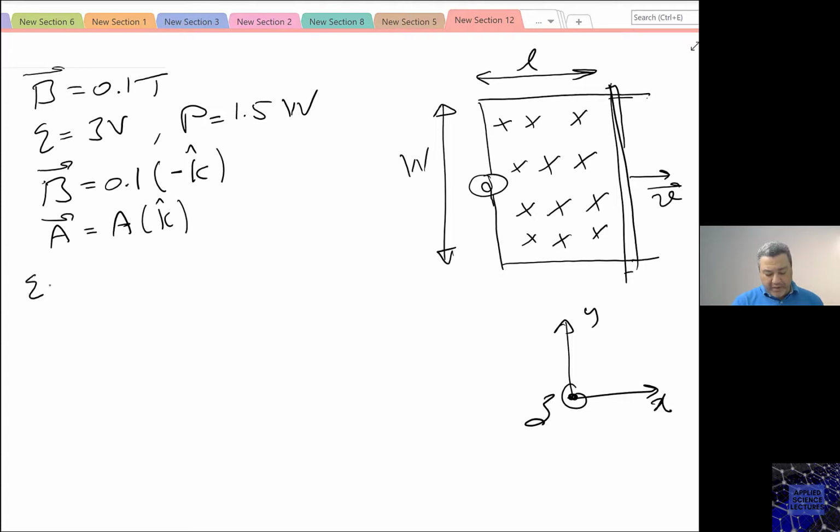Then my epsilon here is minus d phi B over dt.